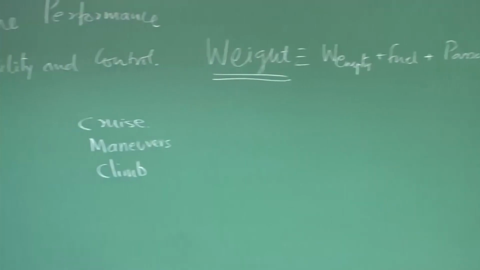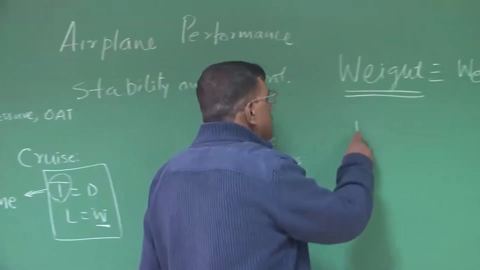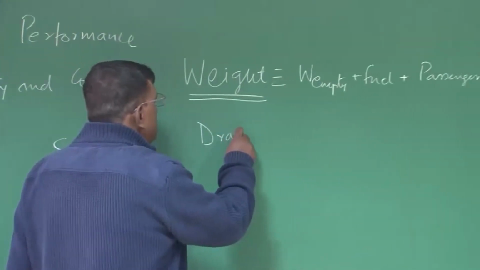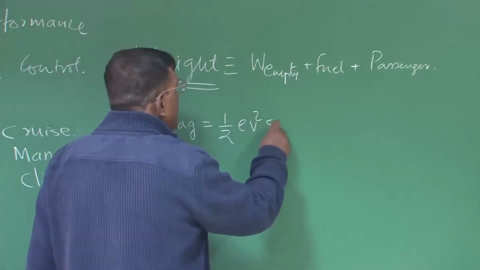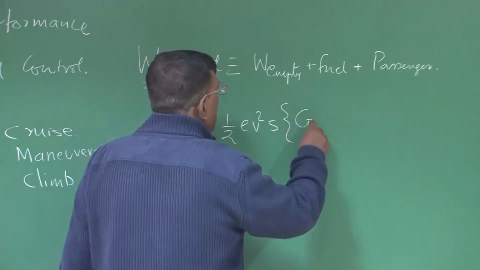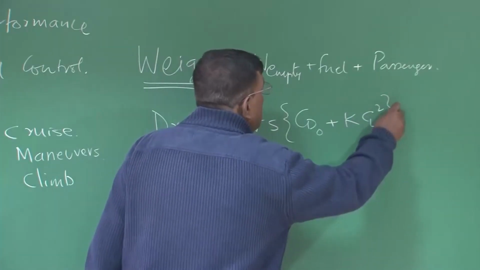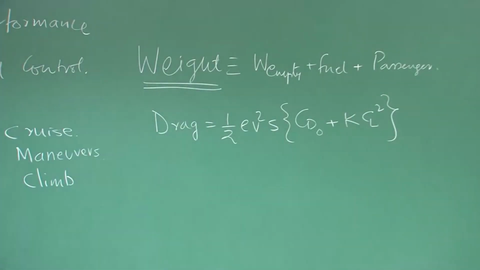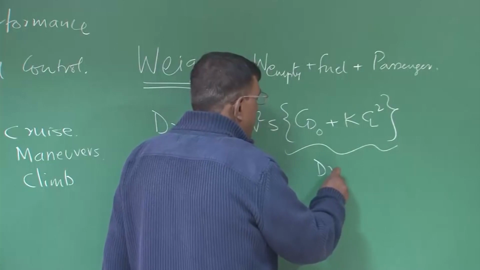And then if you see the aerodynamic forces, drag and lift, for drag, you know I can write drag as half rho V square S times (CD0 plus k CL square), right? And you know also that CD0 plus k CL square we call the drag polar.